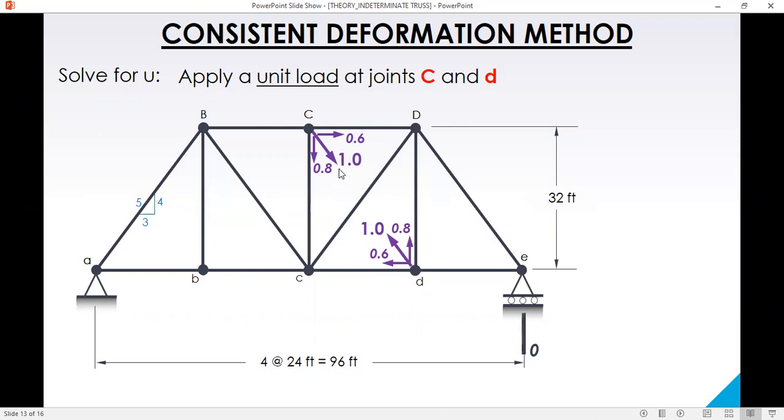So, they are not a couple, because they are collinear. So, the moment of these components will just be cancelled by these components, the moment of these components, 0.6 and 0.8. So therefore, the reaction at E is 0.